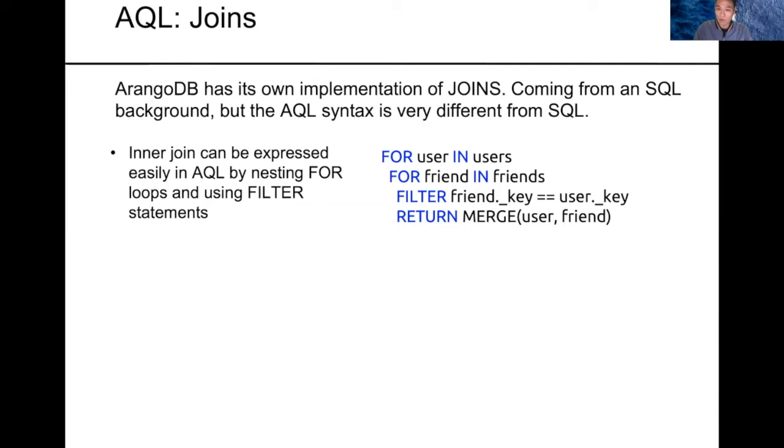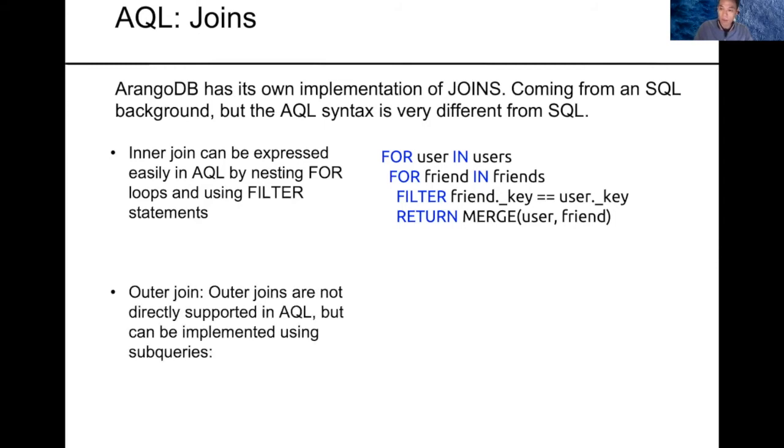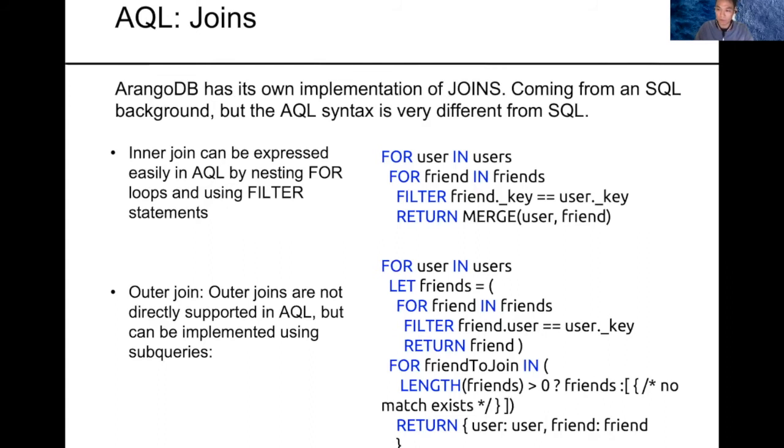In the first loop, we're going to take all of the users, and in the second loop, for each friend in the friends collection, we're doing the filtering. The condition is that the friend's ID equals the user's ID. Then we can return the result by merging the user and friend. Outer joins are not directly supported in AQL, but can be implemented using a subquery. We're not going into the details of the query.